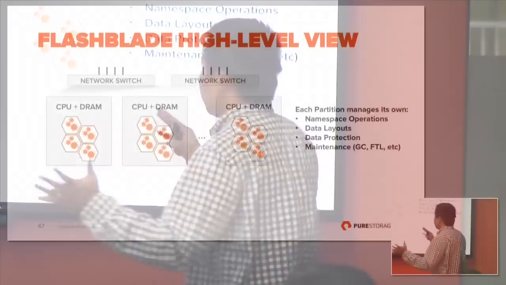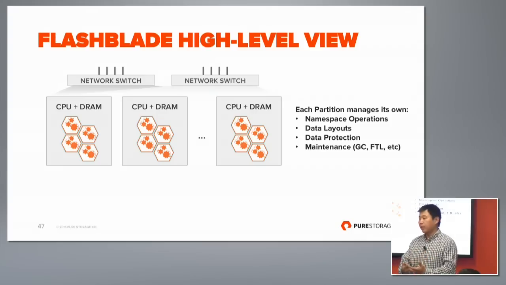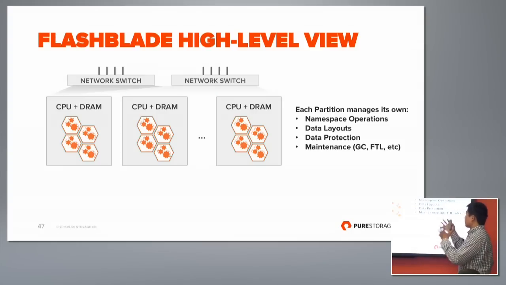All right. So, just to drill down a little bit, once we've split the world into these independent partitions that can operate in parallel, we get to split the responsibilities of that larger controller tier. We get to split the responsibilities of managing a portion of the namespace.